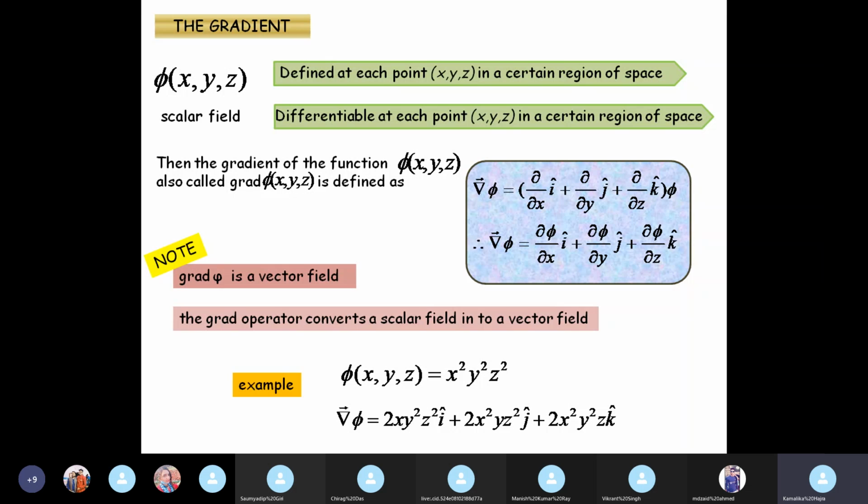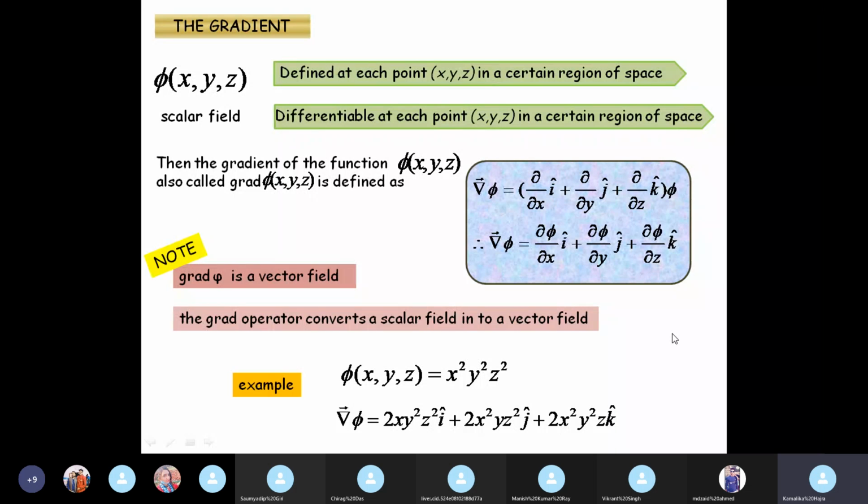Now, it is a very, very common mistake that I see in answer papers, that when the question asks to calculate grad phi, people forget to write i cap, j cap, k cap. When the question asks to calculate divergence, which we'll soon see is a scalar, people give i cap, j cap, k cap. So please, this just shows that the student has not practiced at all, and this is very easy stuff.